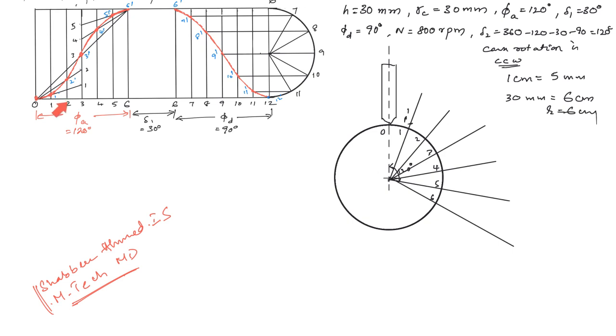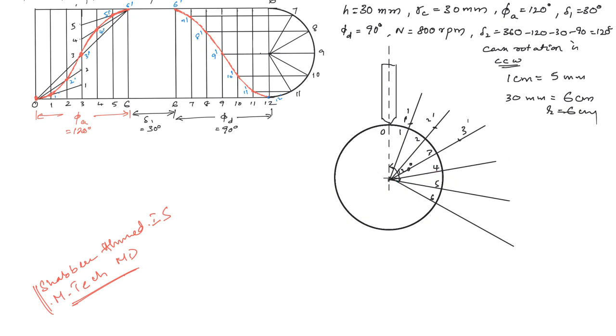Similarly, take a compass, adjust to the length 2 dash and transfer it to this line; it will come somewhere here. Then similarly take the length 3 dash and mark it on this line. Then take the length 4 dash and mark it on this line.